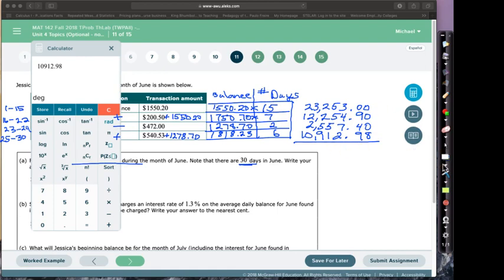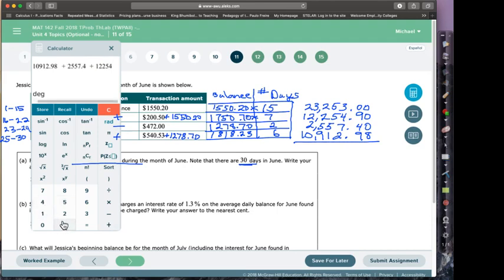So anyway, here it is, and then we want a total. We want to total all of this. So now you just got to add them all. I've got the $10,912.98 in there. I'm going to add to that. Let's just go up the list. 2,557.4 plus 12,254.9.